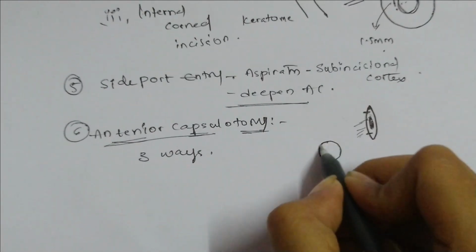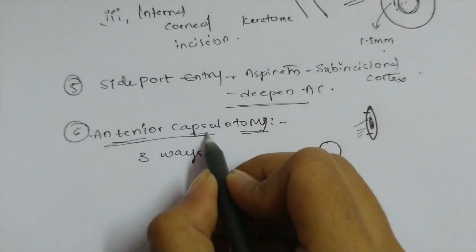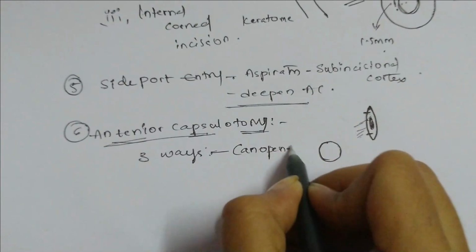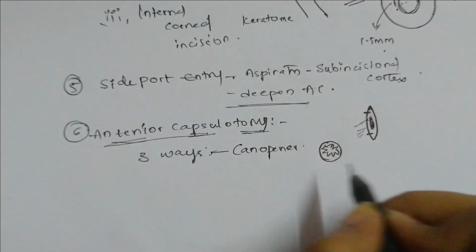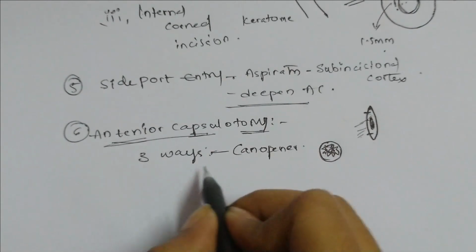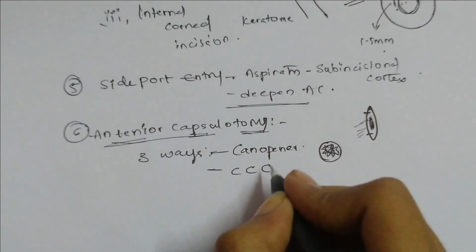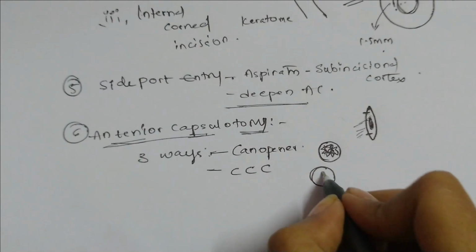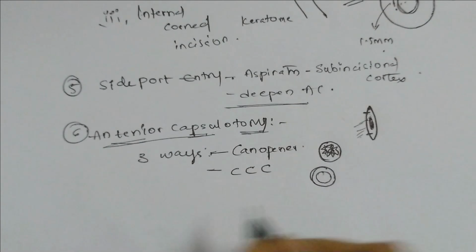From front view, this is the anterior capsule, this is the lens. The 3 ways to do this anterior capsulotomy are, first of all, can opener. In this, incisions are given in a zigzag way like this, and the anterior capsule is removed. Second is continuous circular capsulorhexis. This is the anterior capsule, and a circular incision is given like this, and the capsule is removed.